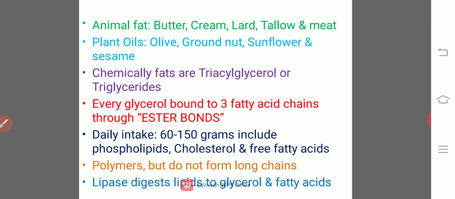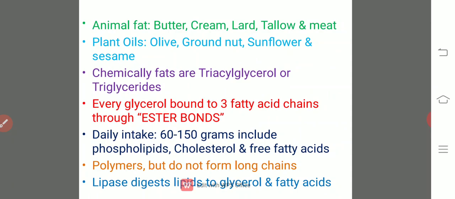Due to the fusion of glycerol and the fatty acids, there will be a removal of 3 water molecules, and finally there will be a formation of an ester bond between the glycerol and the fatty acids. Glycerol and the fatty acids are bound together through the formation of an ester bond.